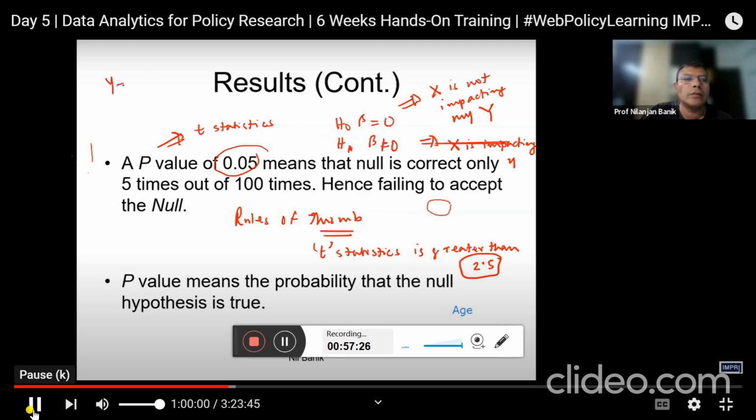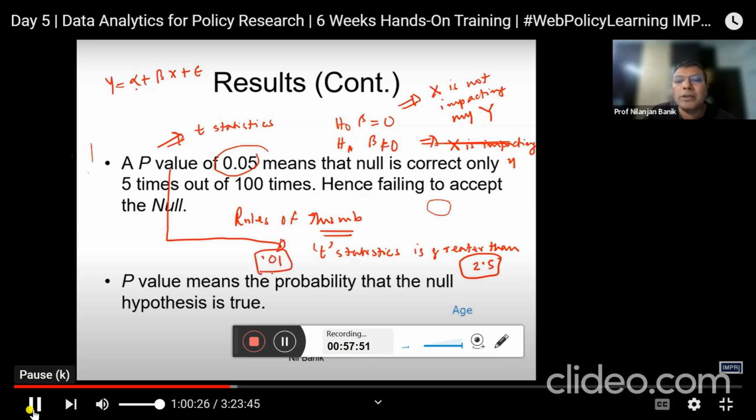Again, what was the formula? Y equals alpha plus beta x plus epsilon. Epsilon is the error, alpha is my intercept, and beta is the slope. In this case, if t is greater than 2.5, be rest assured the p-value of the t statistic is going to be less than 0.01.